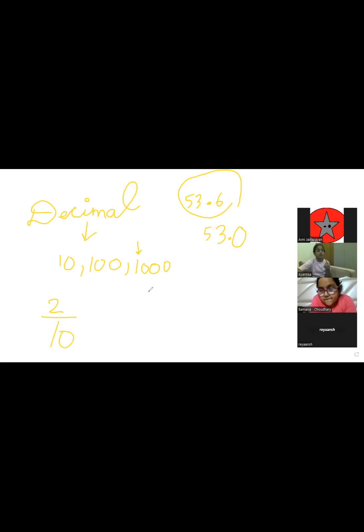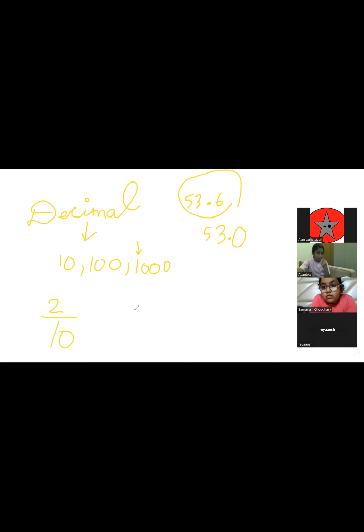Try to describe what is 2 upon 10. In 2 upon 10, the numerator is 2 and the denominator is 10. So that means the whole figure is divided into 10 equal parts and we have only chosen 2 of them.